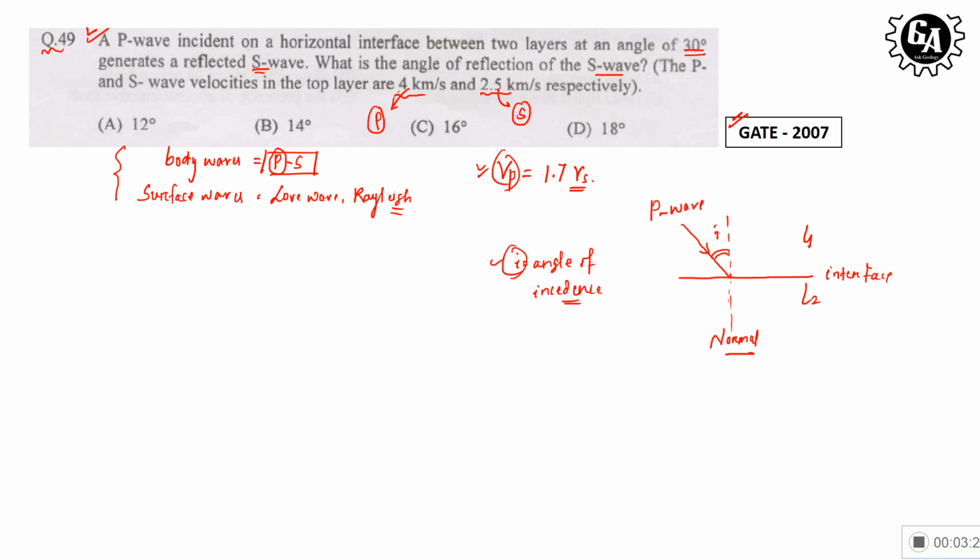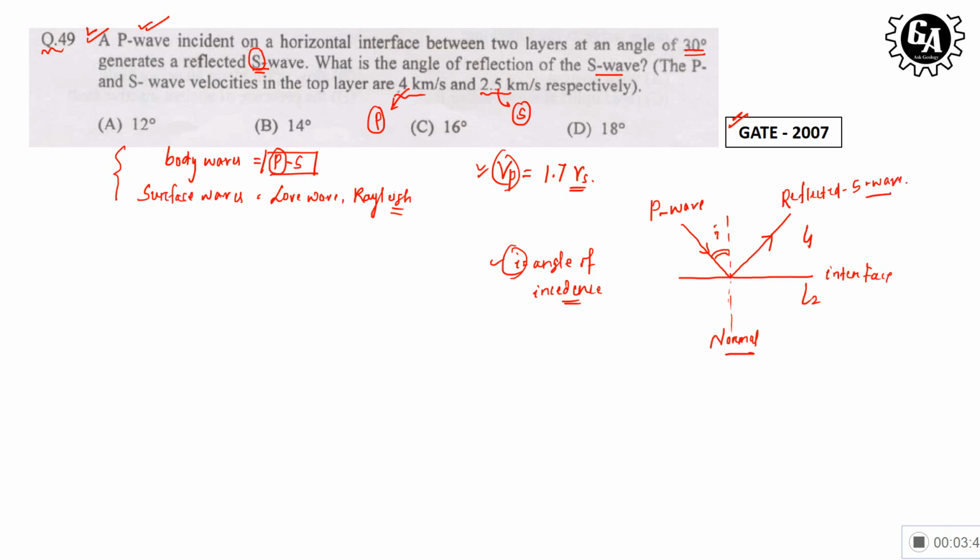Now he is telling that the incident P wave is generating a reflected S wave. The first conclusion is that if the incident ray is a P wave, then it is reflecting some S wave. This is a reflected S wave.